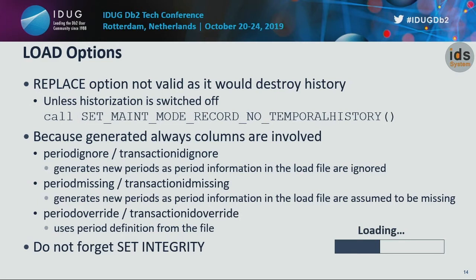Besides, you do some extra workaround, and there's a historization switch-off stored procedure, which is very useful. Also take care using it, because you are manipulating data at that point, and you could destroy history. So you have to know what you do. But this is really cool stuff. Because, you know, what my problem is, I'm doing a test. I'm developing, and all we develop is not perfect from the beginning.